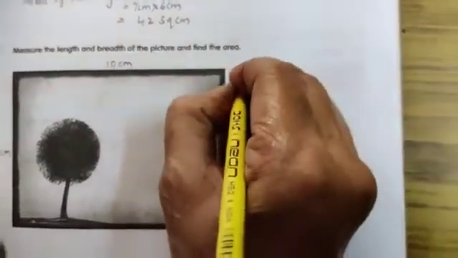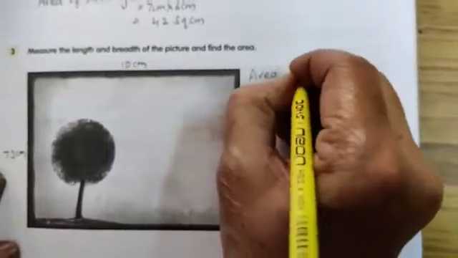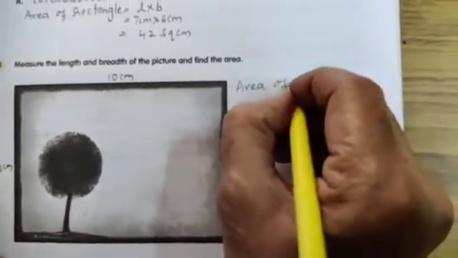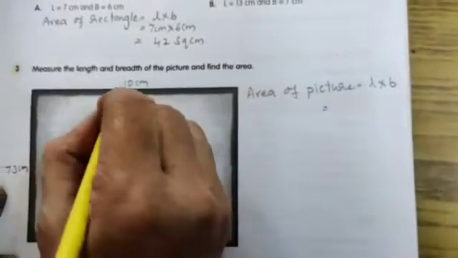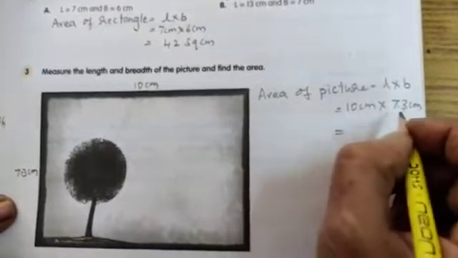So now write here area of picture is equal to length into breadth. So length is 10 centimeter, breadth is 7.3 centimeter.